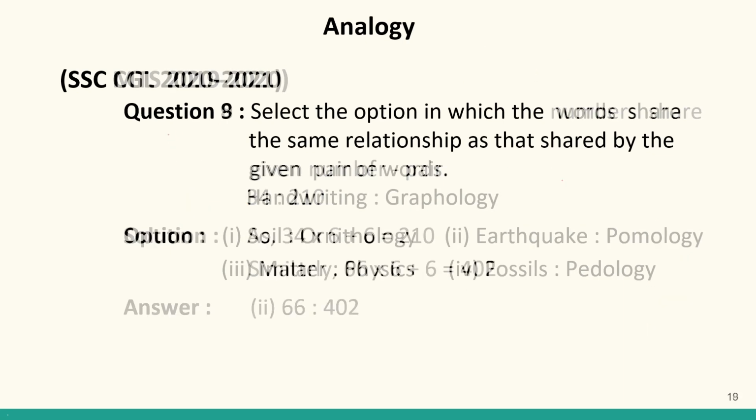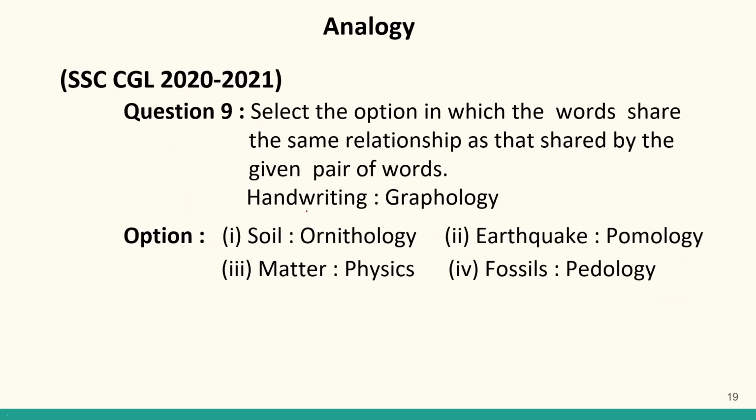Okay. Now let us look at this question. Handwriting is somehow relating to graphology and we have to find which of the following options pairs the same logic. So this is semantic analogy. Now, if you know, graphology is basically the study of handwriting.